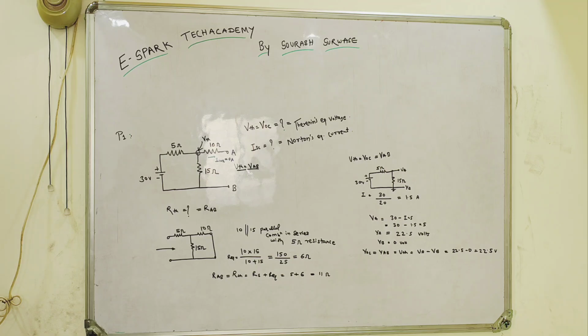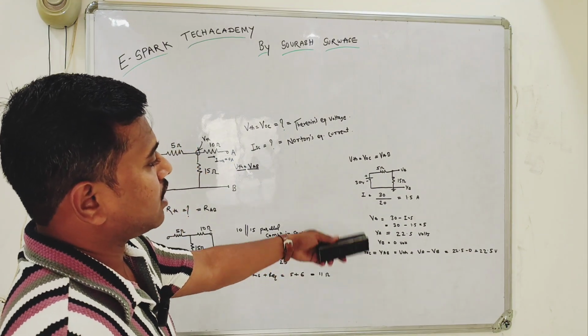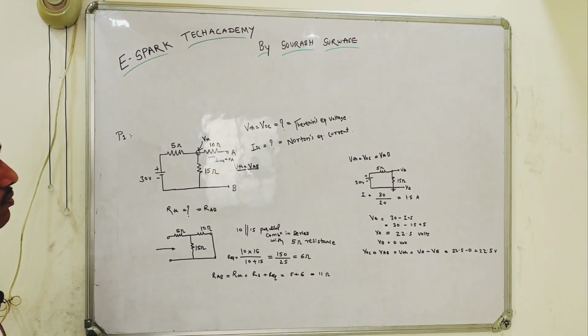Please note down carefully. In this case what we have done is we have just applied the terminal voltage formula, or you can say simply V is equal to the difference between two voltages.